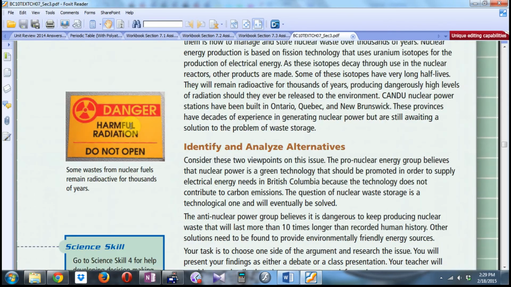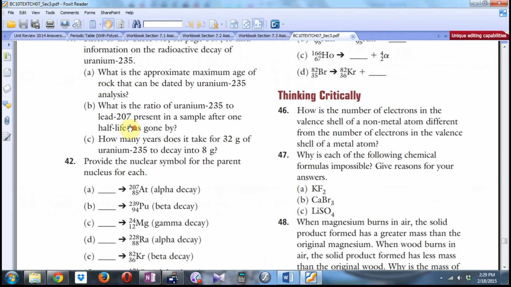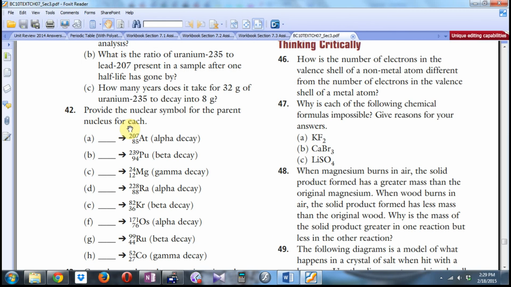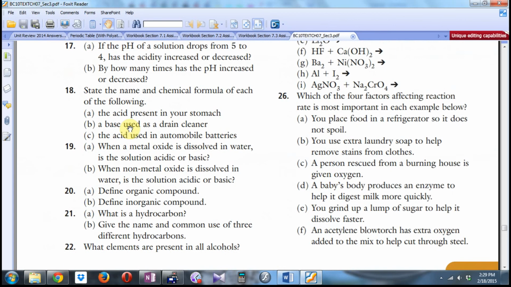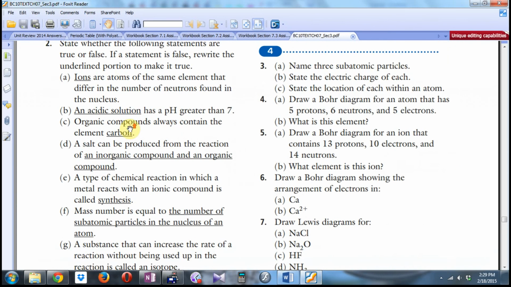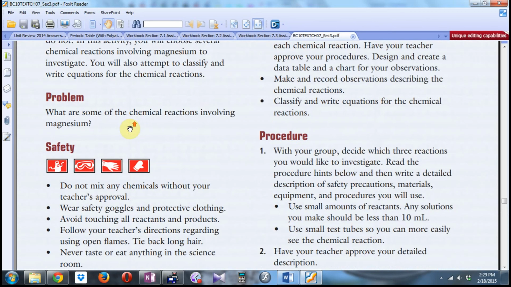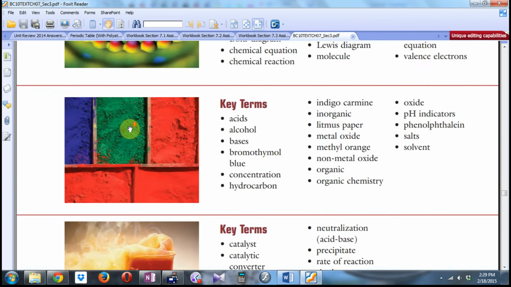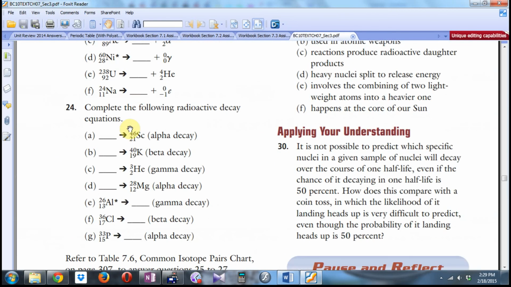Go to the very end, Mr. Dueck. This is a big chemistry review. We're not going to do that. This is a unit review. I don't want a unit review. Yeah, I got you. Come on, you can do it. Unit summary. Here we go.